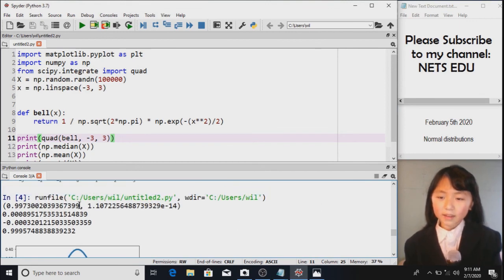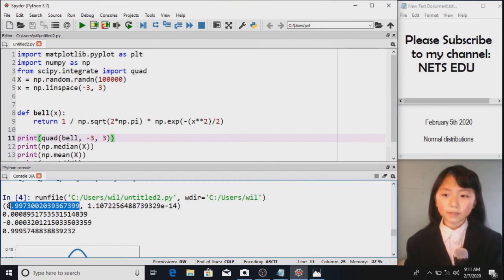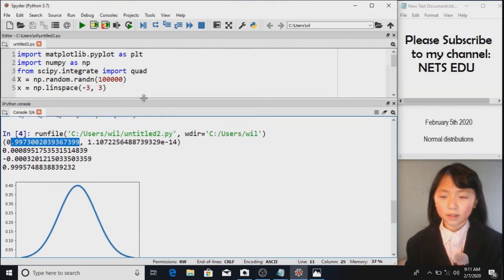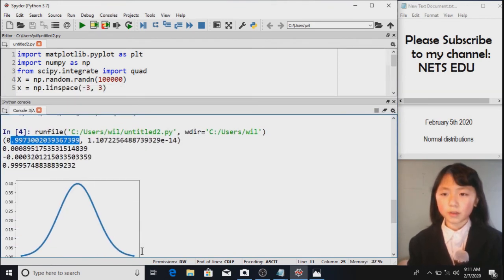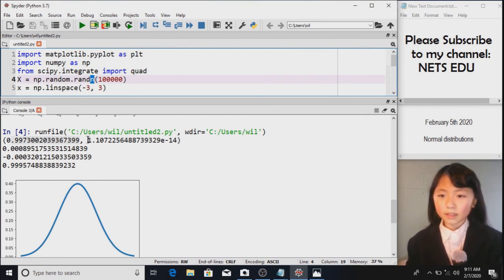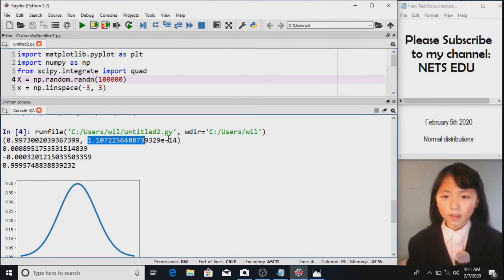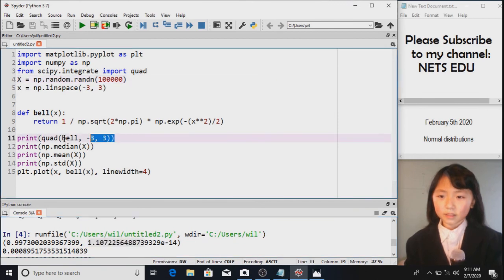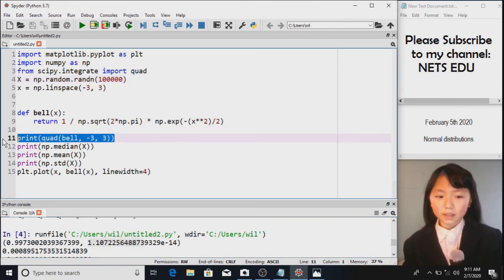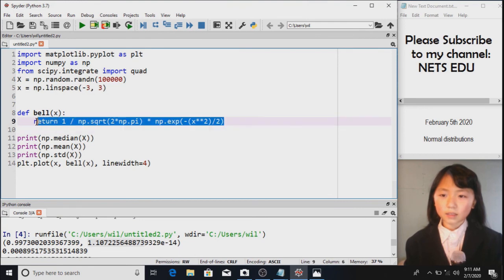Here we get the area, if you round this, it will equal 1. Since this is not an exact normal distribution, here it's a little bit random. And this is simply the error, which is 0.0000, a very small error they give us. So now we know that this really is the function for a bell curve.